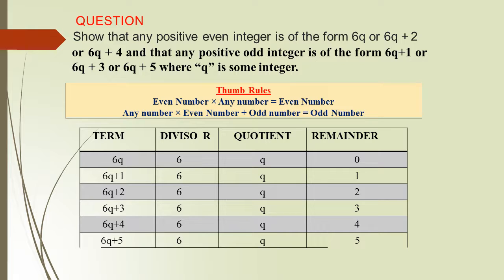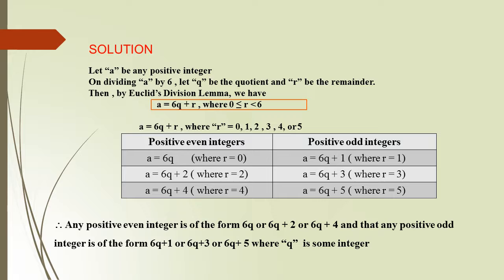So these are the thumb rules we're going to use, and we have 6 cases here to solve this particular theorem. We've made a chart here. The possible values for the remainder will be less than 6, that is 0, 1, 2, 3, 4 or 5. Now a is 6q.